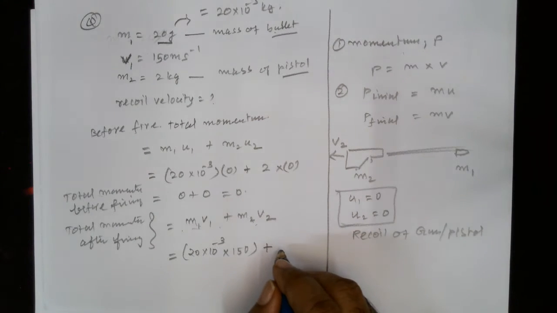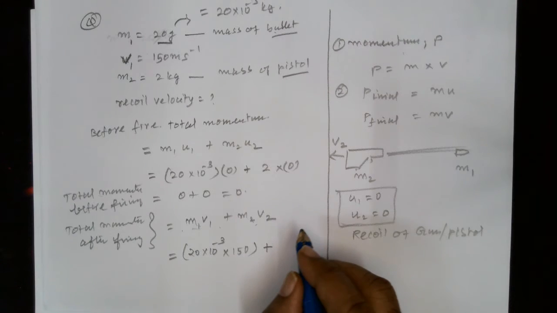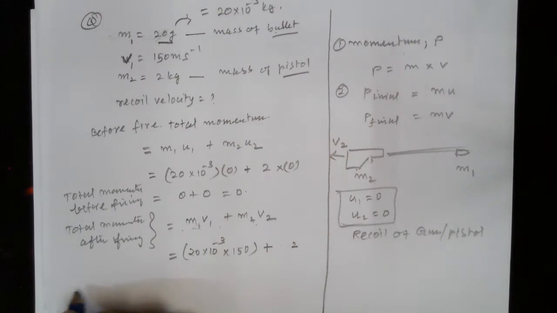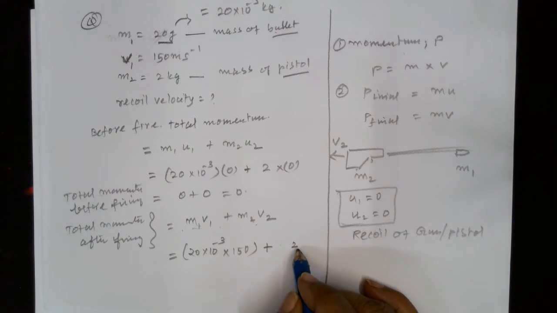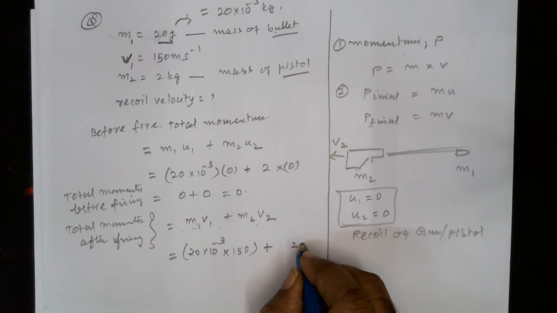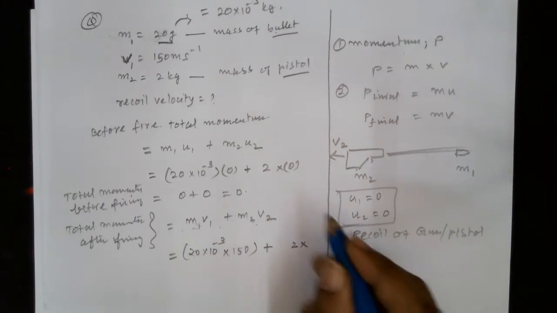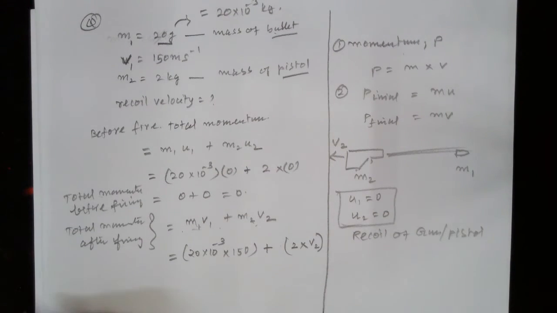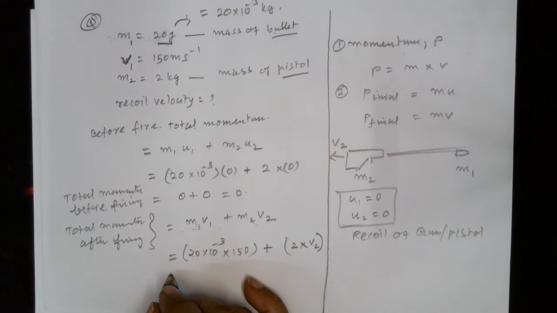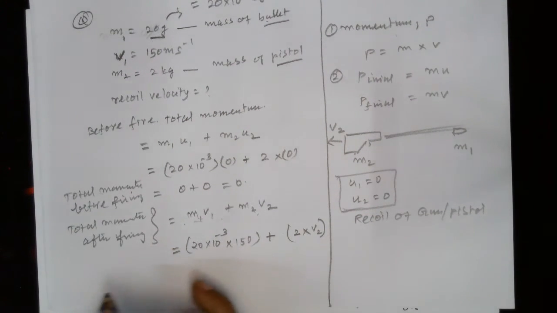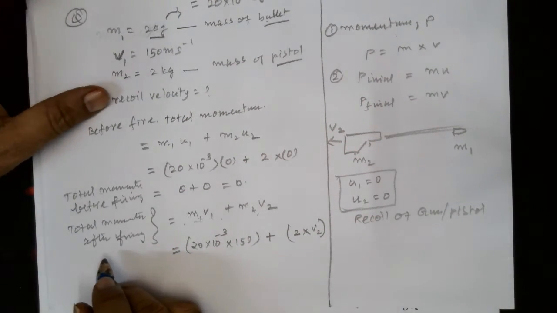So the mass of the pistol is M2, which is 2. And what about the velocity? We do not know, so let us call it V2. So 2V2.